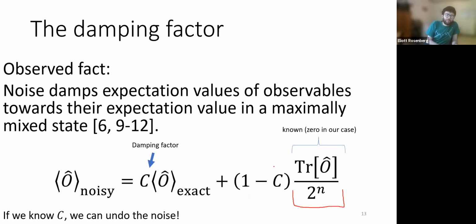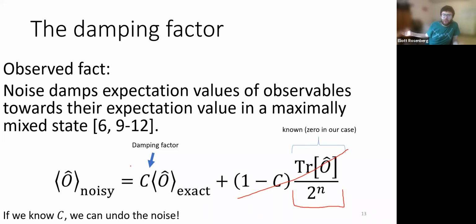And the important point here is that this thing is generally known, and in our case it's 0. And so if you know what this damping factor is, then you can invert this equation and you can get your exact expectation value in terms of the noisy one. So for us, you just have to divide by C.